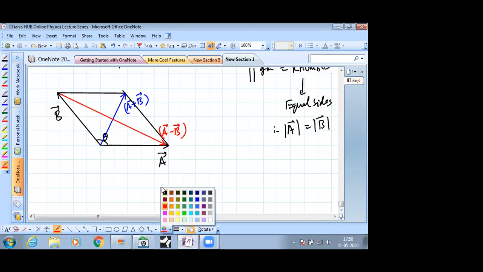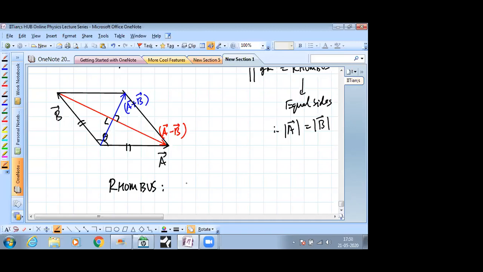So again, the condition for this angle to be 90 is that this side must be equal to this. So basically, a rhombus by definition is a parallelogram with equal sides.